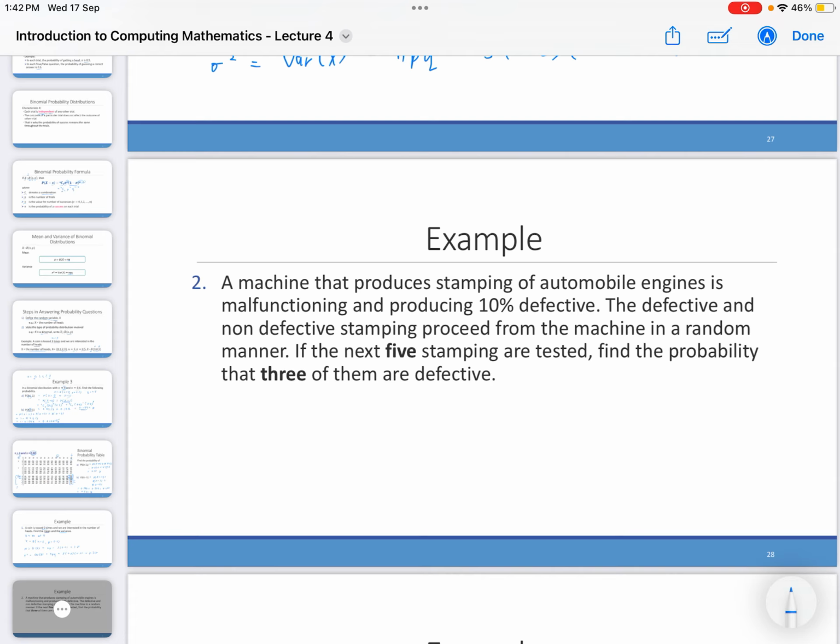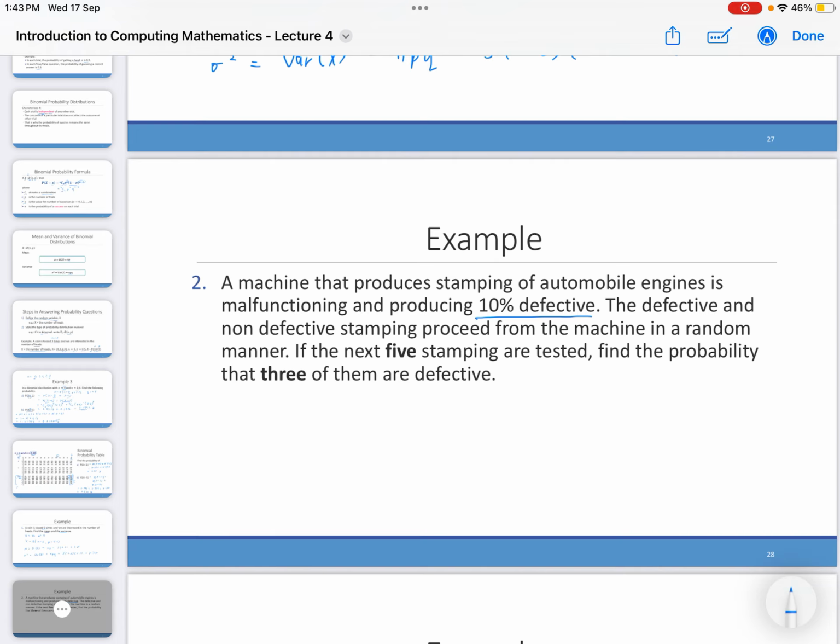Okay, let's look at next question. So a machine that produces stamping of automobile engines is malfunctioning and producing 10% defective. Okay, and then the defective and non-defective stamping proceed from the machine in a random manner. So if the next 5 stamping are tested, so we want to test the next 5 stamping.